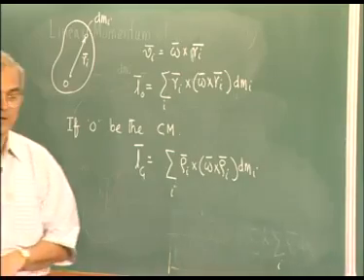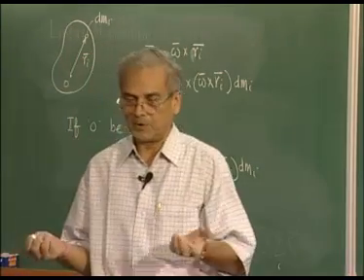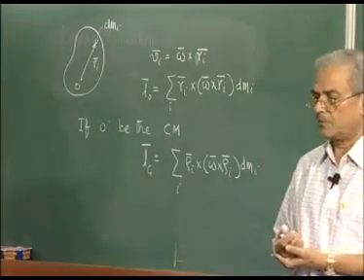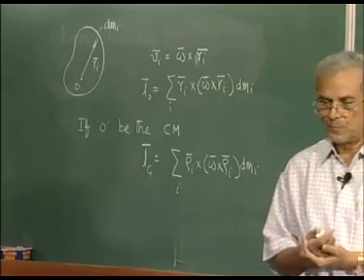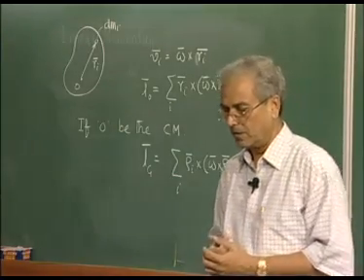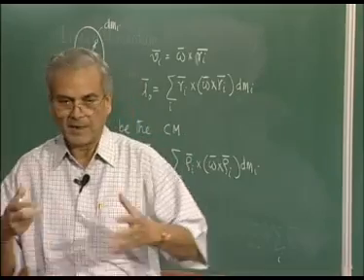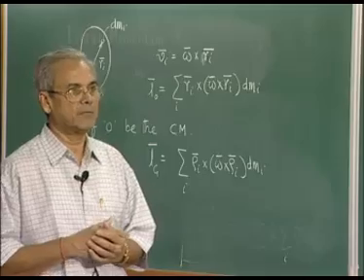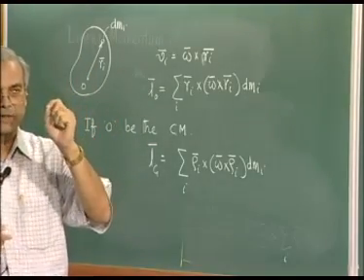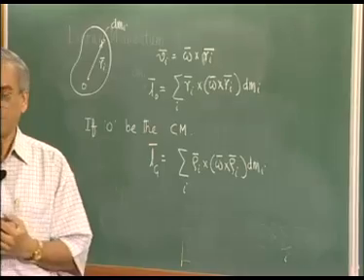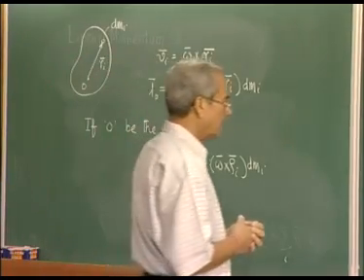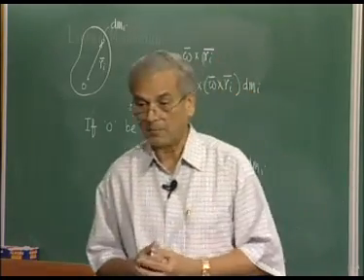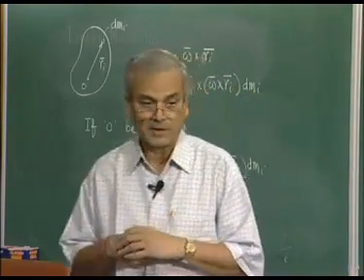Now, let us come to the question of the inertial properties. We know that in case of simple fixed axis rotation of a rigid body, the inertial property of the body is defined by a quantity we call moment of inertia, which is nothing but the second moment of the masses of all the particles about that axis, and angular velocity into the moment of inertia gives us the angular momentum in case of planar rotation, as we have seen.